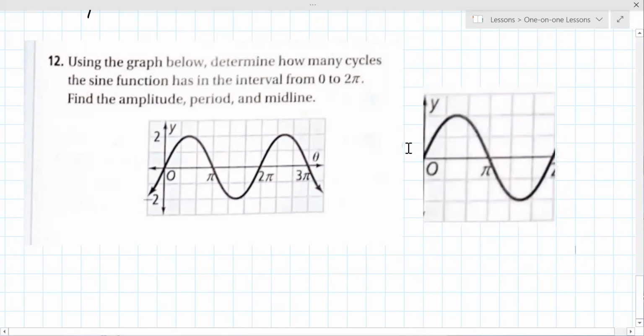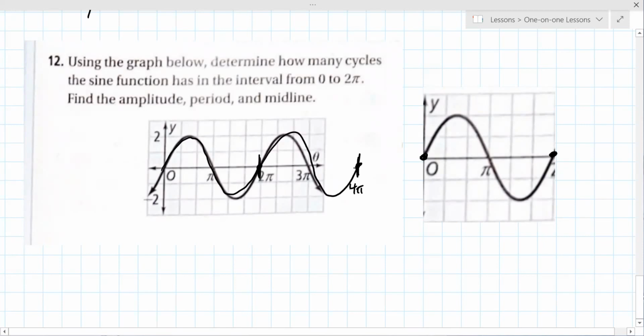And a cycle means that it goes from where it starts to where it finishes. Like it goes all the way up and all the way down. That's a cycle. So this is a cycle here, and then another cycle is over here. They don't show this, but on 4 pi it actually does 2 cycles.